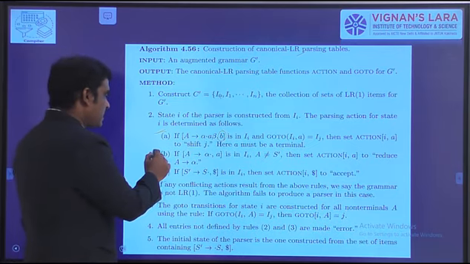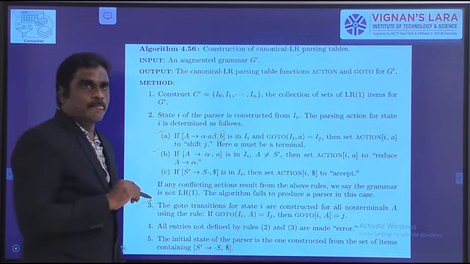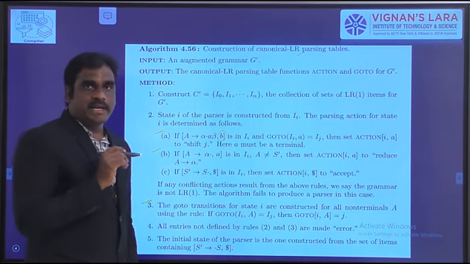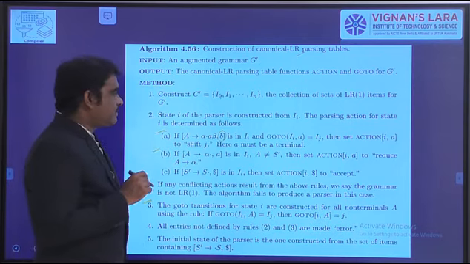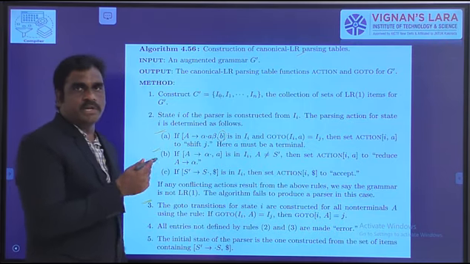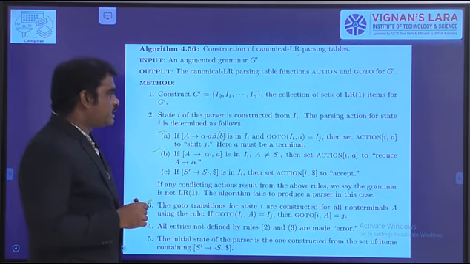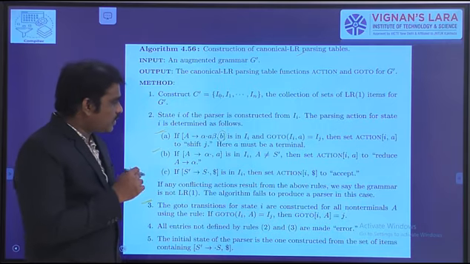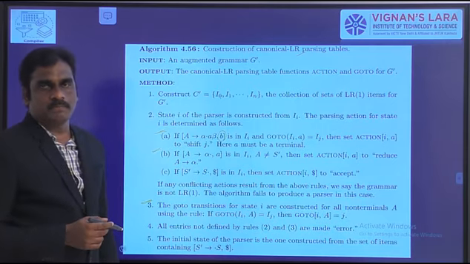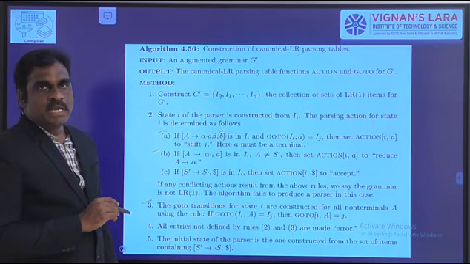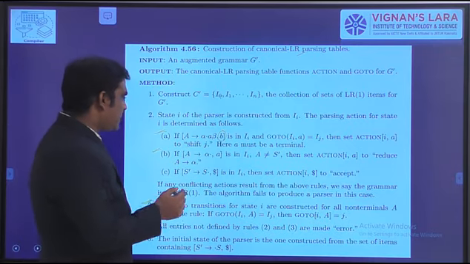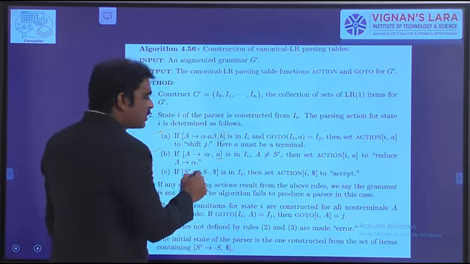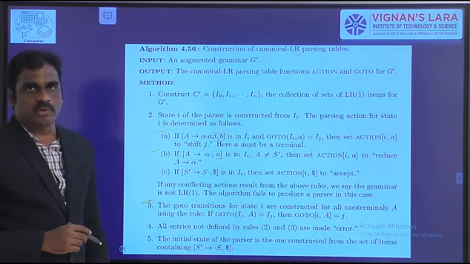In SLR, we have to calculate the follow, then it is possible to perform the reduce operation. Whereas in CLR, there is no need to calculate the follow function. Instead of follow, here we have to use the lookup symbols.